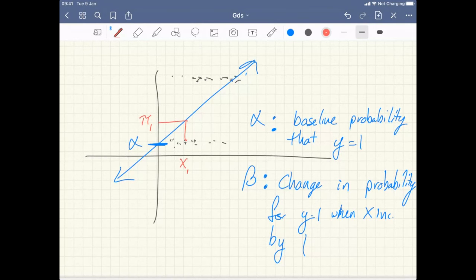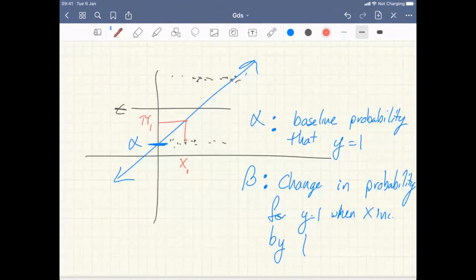And I'm going to institute some threshold, maybe t, and I'm going to say, okay, any point on the line that's below there is going to get sent down to 0. And any point that's above that threshold is going to get sent up to 1. Does that make sense to everybody?